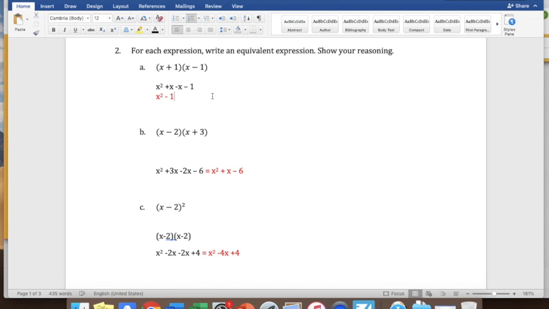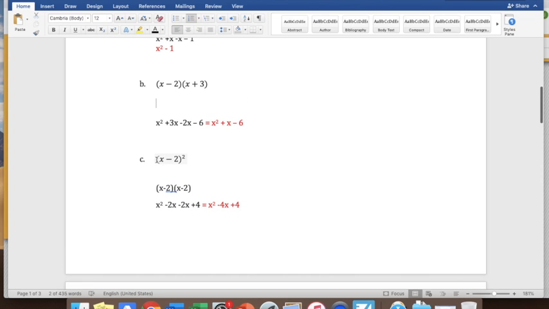Okay. So then, next one, x minus 2 times x plus 3. The original after distributed form is this. And it turns into this when you add 3x and the negative 2x. The x terms will simplify. And then right here, if I do x minus 2 squared, I do x minus 2 times x minus 2. Remember, it's not just x squared minus 4.